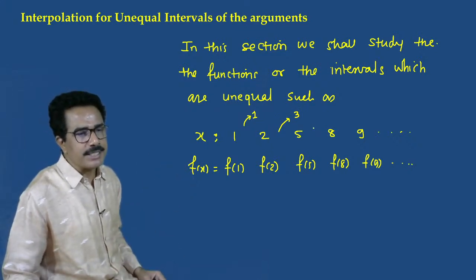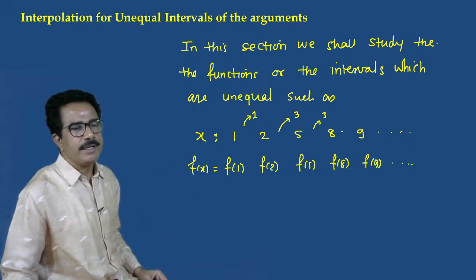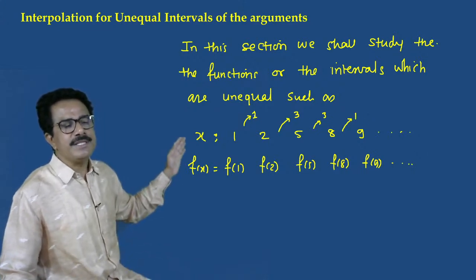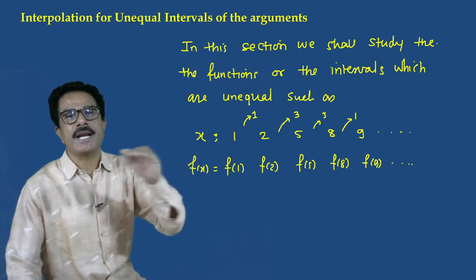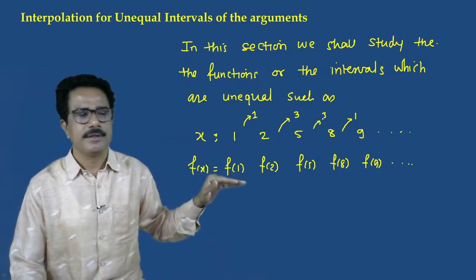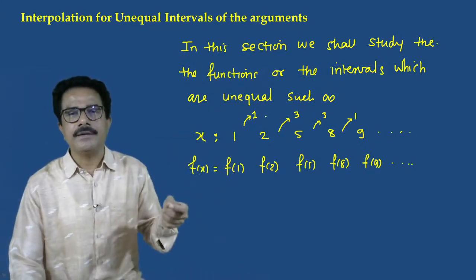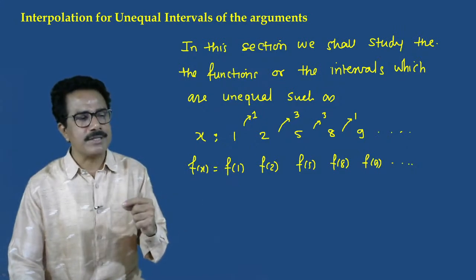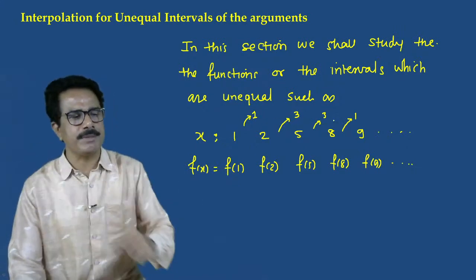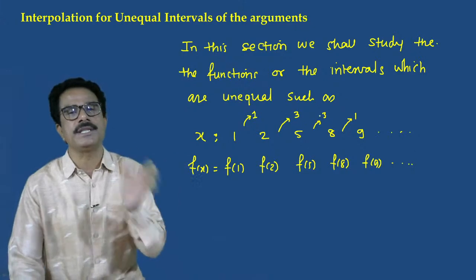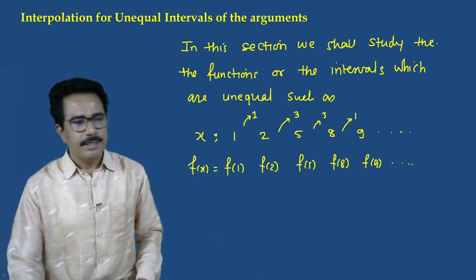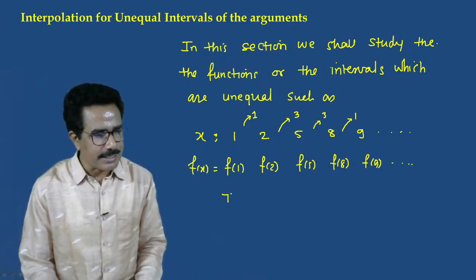Here in this case, the difference is 3. Here the difference is 1. That means these differences are not the same. We require an equal interval, meaning each difference must be the same, that is 1, 1, 1 or 3, 3, 3, whatever it may be.